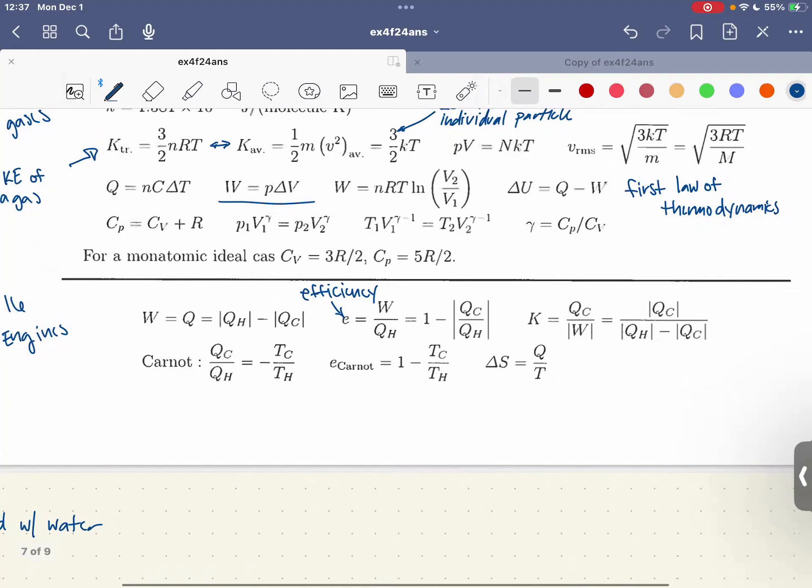And then the rest, this is just a Carnot engine, saying that they're proportional. This is also the efficiency of a Carnot engine.